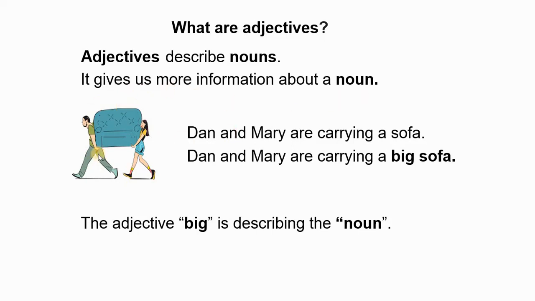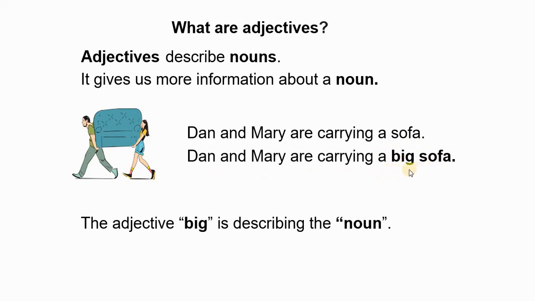For example, in this photograph, Dan and Mary are carrying a sofa. So, sofa is the noun, and if you want to give more information about the sofa, then we can say Dan and Mary are carrying a big sofa.